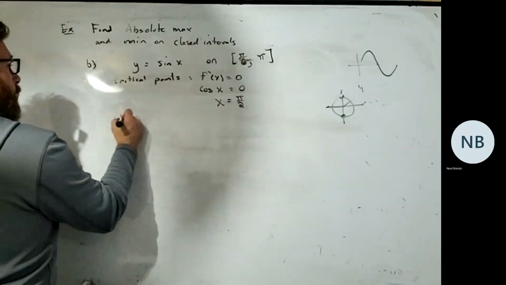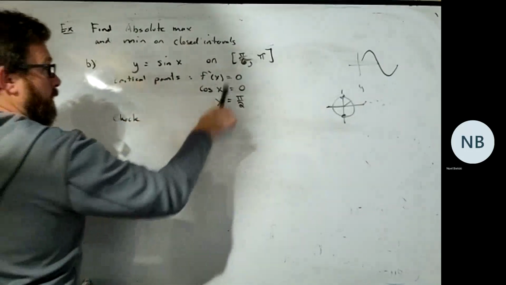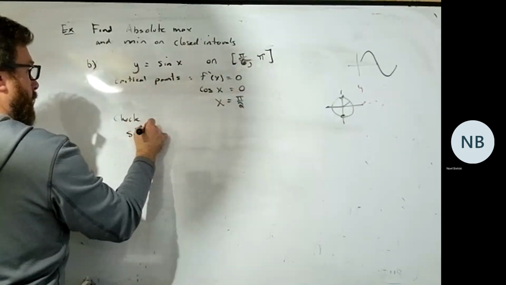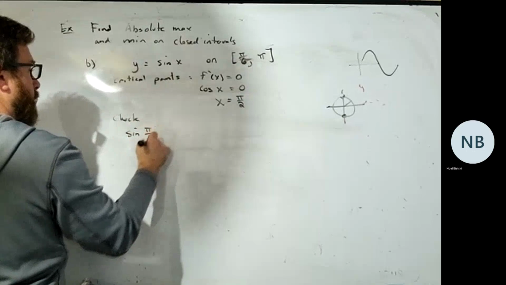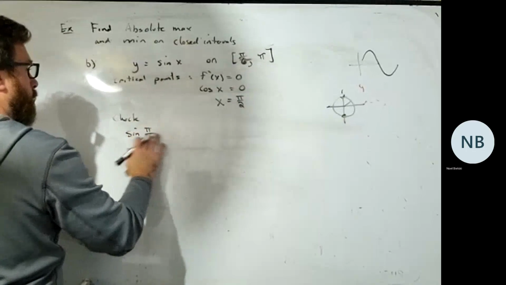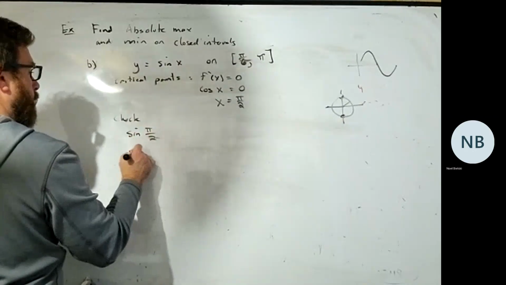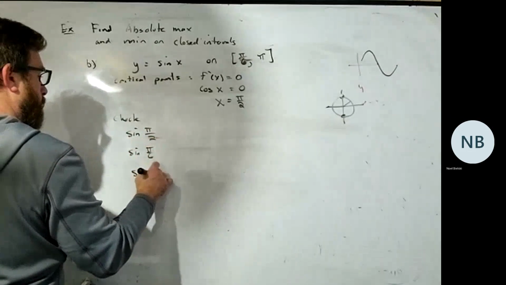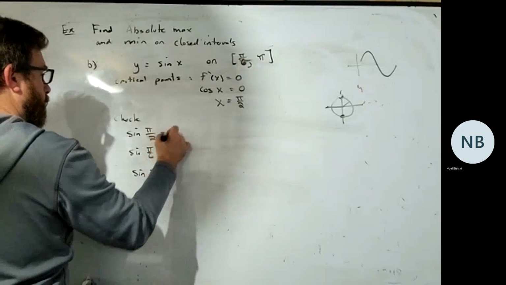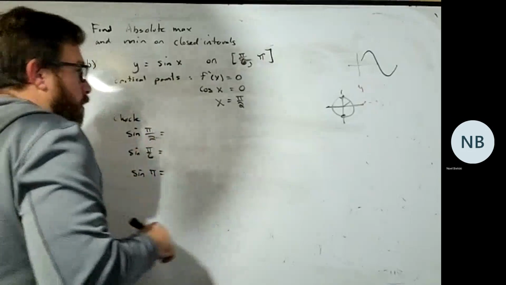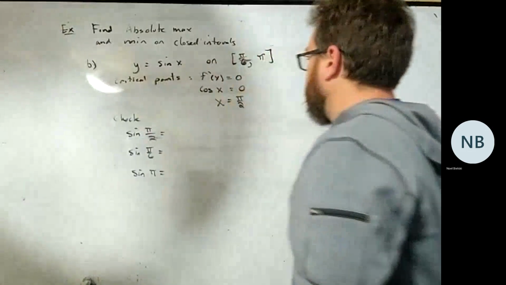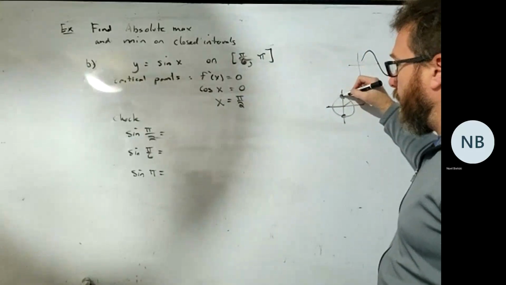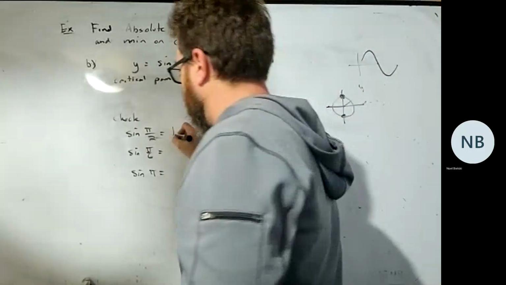Now we also have to check the endpoints as well. So remember, back in the original function, I need to know what is the sine of pi over 2, pi over 6, and the sine of pi. Let's do the critical value first, pi over 2, and then we'll do the endpoints. Well, if we're looking at the unit circle, pi over 2 is right here, and the sine value is the y coordinate, so this will be 1.